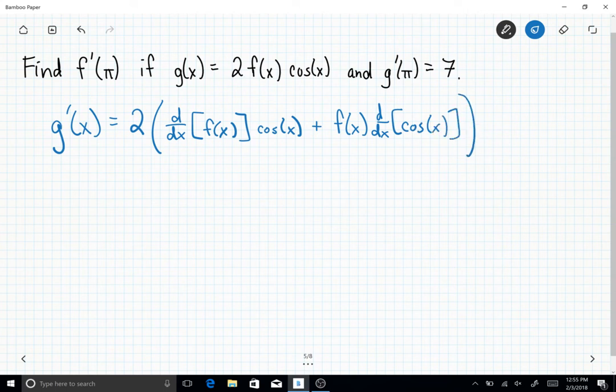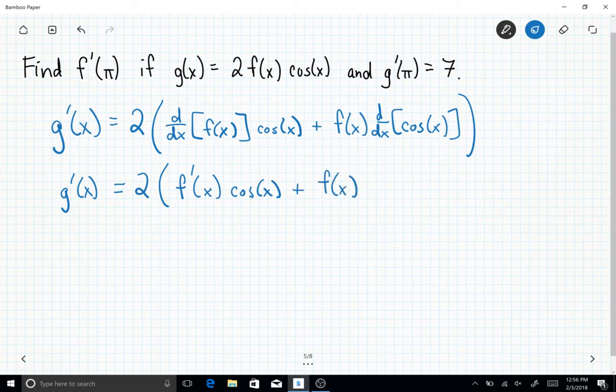Well, we get g prime of x equals 2 times the derivative of f of x. You can leave it that way, or you can write it as f prime of x. That works just as well. And then we have cosine of x, and then plus f of x, the derivative of cosine is negative sine of x.